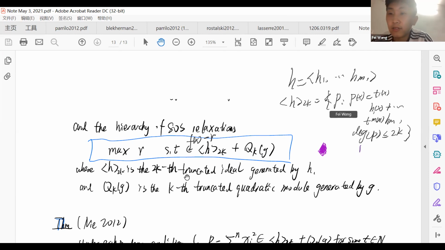Truncated means you just throw out all the polynomials that have degree larger than 2k.